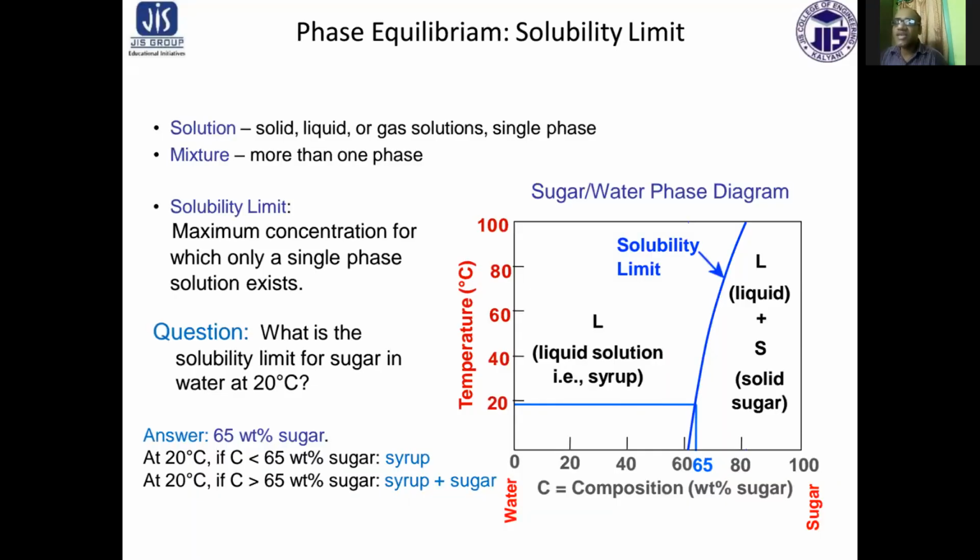Next is phase equilibrium, that is, solubility limit. In this figure, the temperature and composition curve is shown. In the case of water and sugar, water is the solvent and sugar is the solute. The solute can be solid, liquid or gaseous, and the mixture can have more than one phase, and there is a solubility limit between the water and sugar.